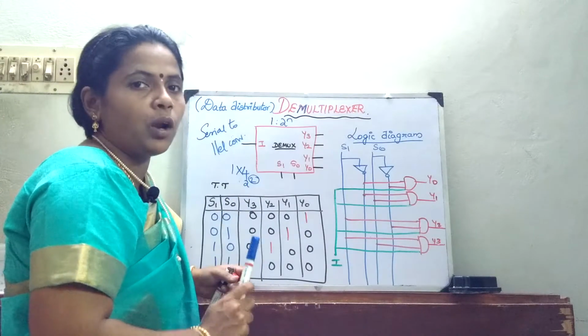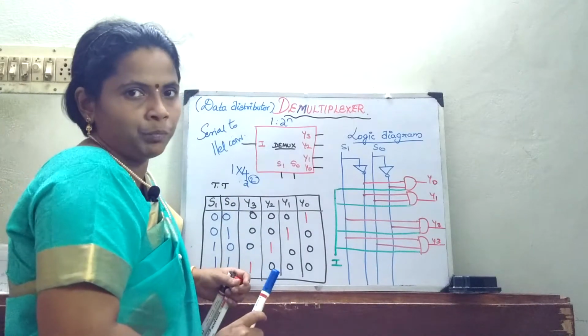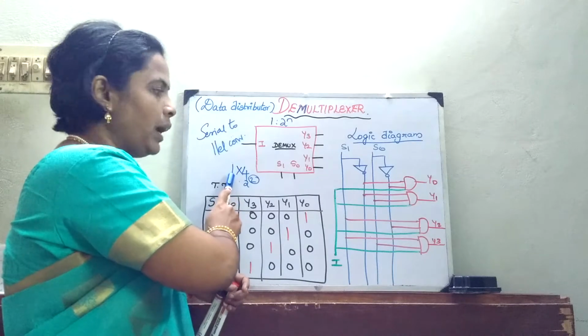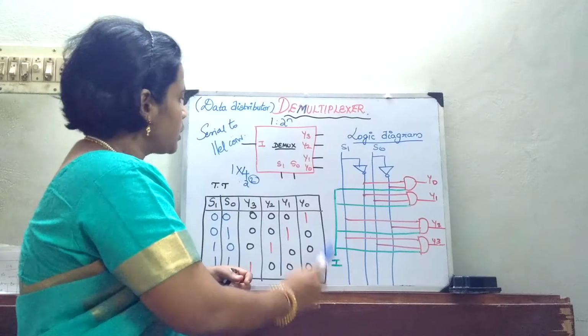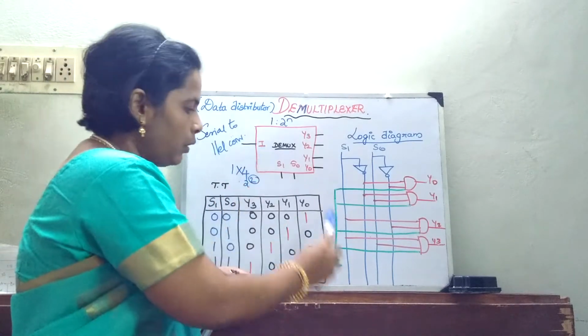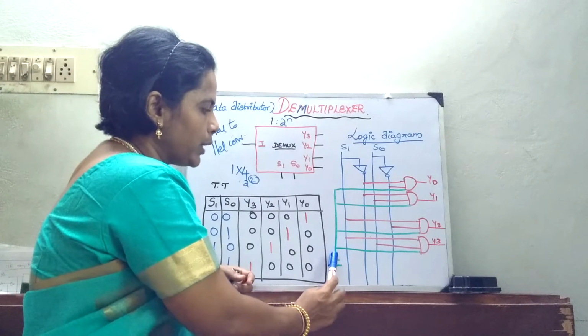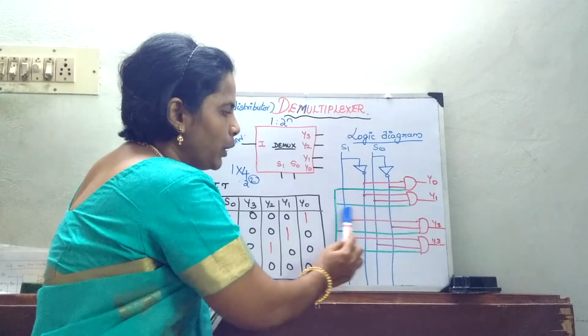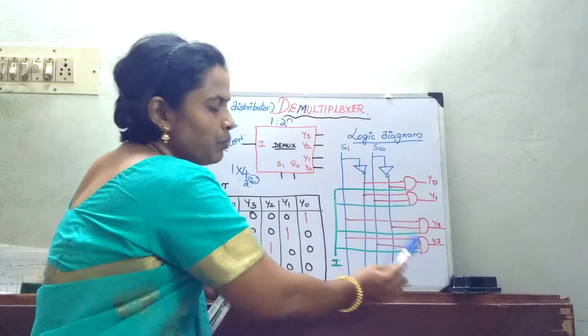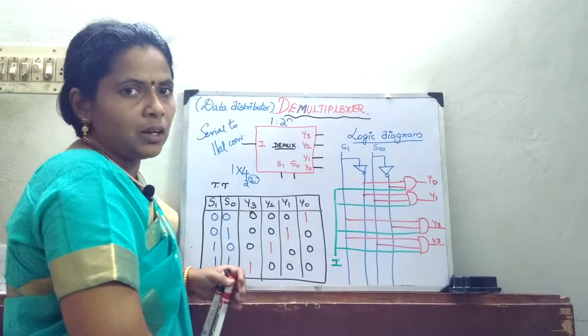Now you have to draw the input line. You know it is only one input. Whatever is my data input, I have drawn using the green color. You can see I, and that is going to be routed through each of the AND gates. This completes the logic diagram.